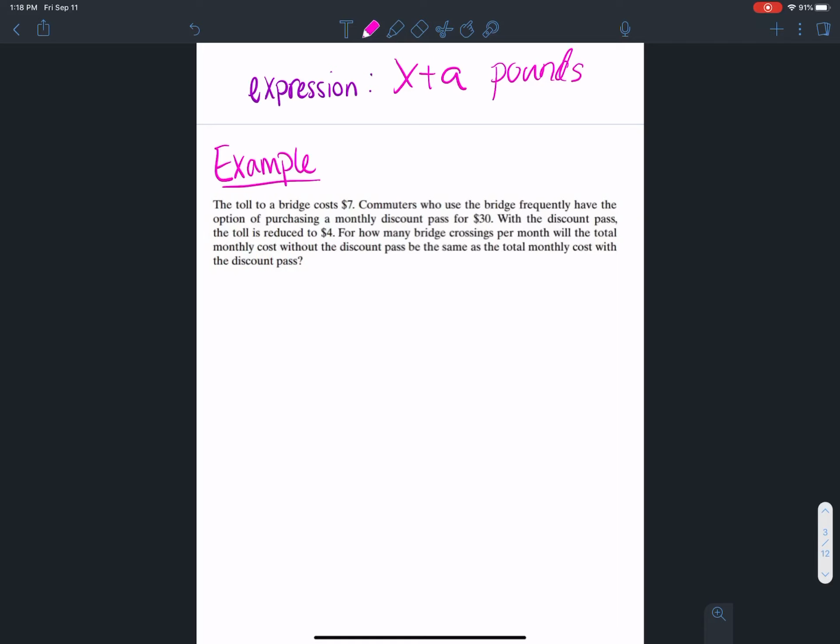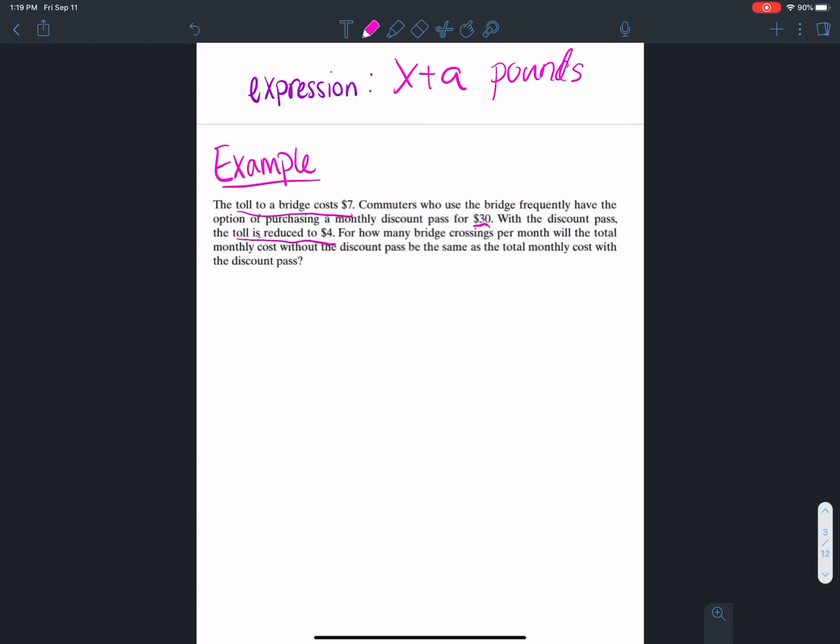Okay, so not too bad. Let's underline our important information. The toll to a bridge costs $7. Those who go frequently have the option of purchasing a monthly discount pass for $30. With the discount pass, the toll is reduced to $4. Okay, and then for how many bridge crossings per month will the total monthly cost without the discount pass be the same as the total monthly cost with the discount pass?